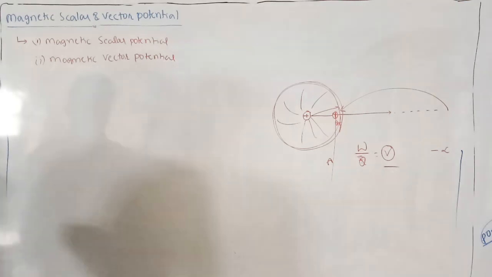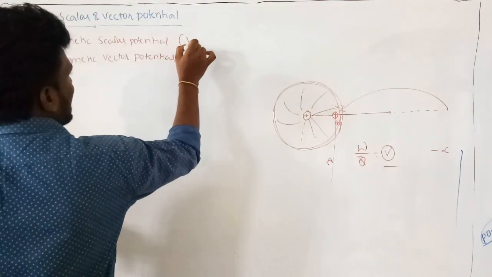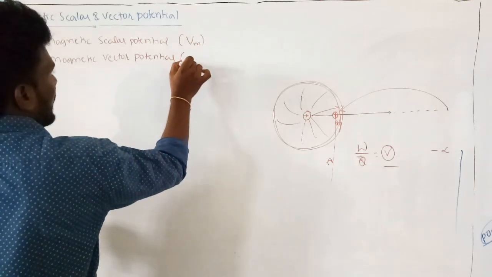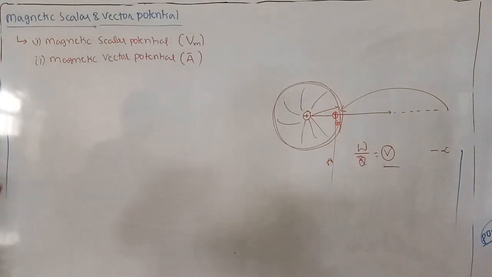The magnetic scalar potential is represented with capital V subscript m, Vm. The vector potential is always represented with A bar, where A bar is the magnetic vector potential and Vm is the scalar potential.